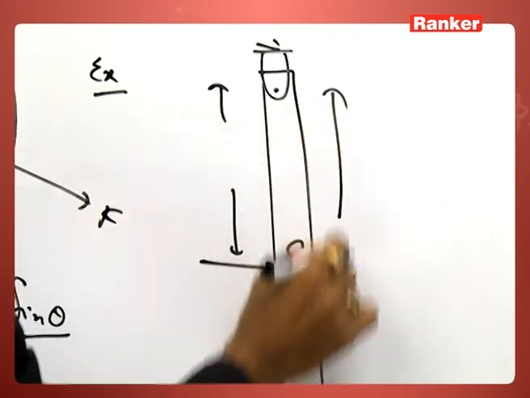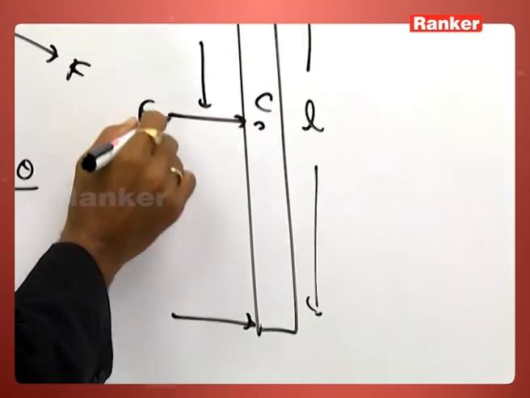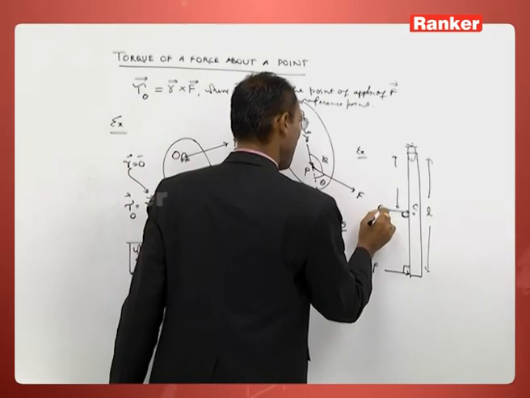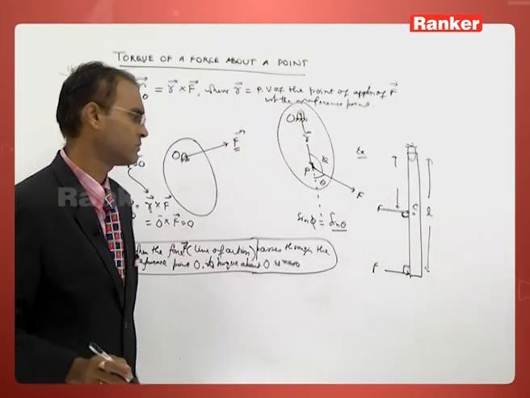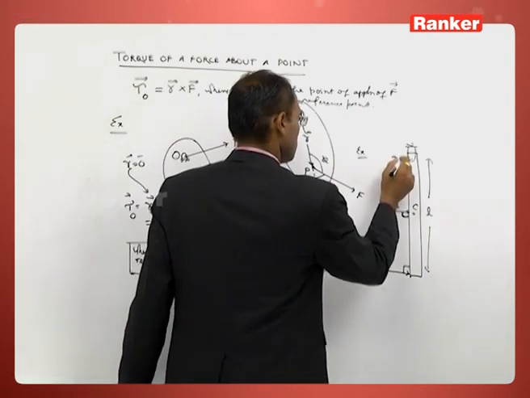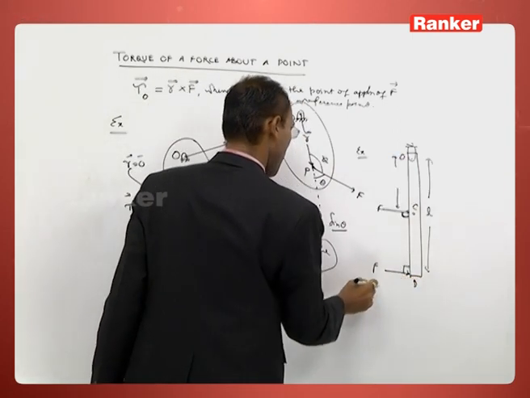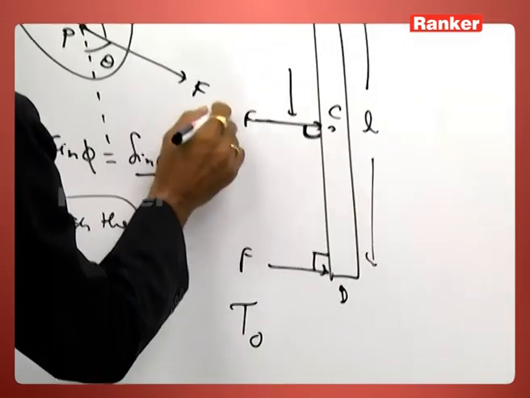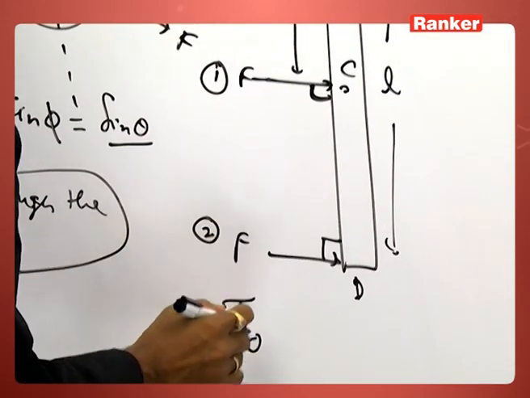This is L. You are applying the force perpendicular to the rod and applying the force of the same magnitude. Find the torque of this force about O in the first case, about O in the second case.